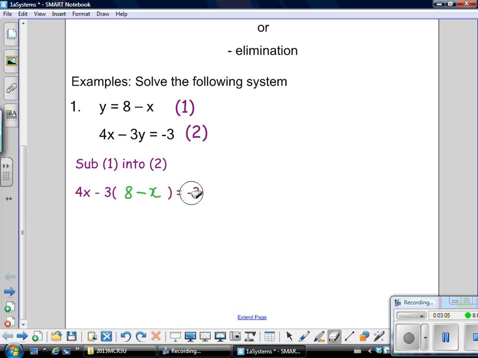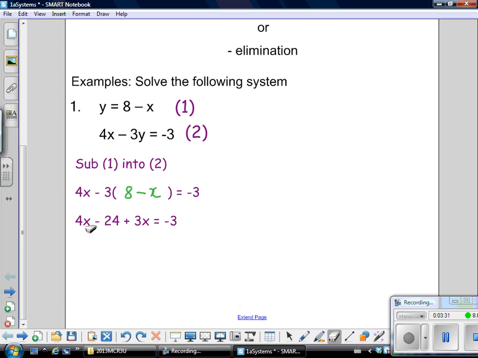Now it's no longer two equations, it's one equation with one variable, which means I can solve it. So the next thing I'm going to do is take that negative 3 and distribute it into the bracket. So I have a 4x minus 24 plus 3x equals negative 3.